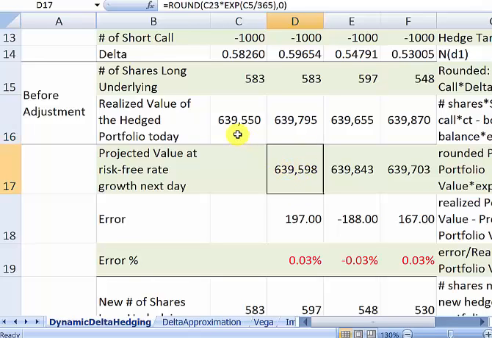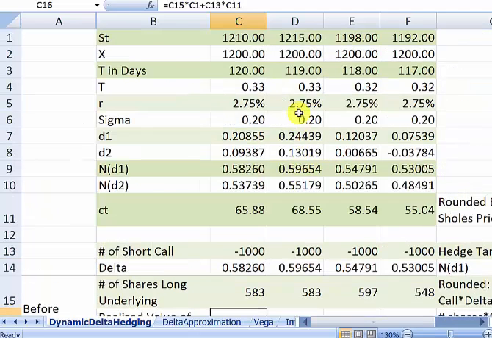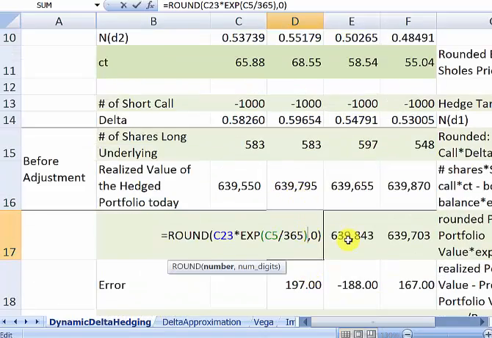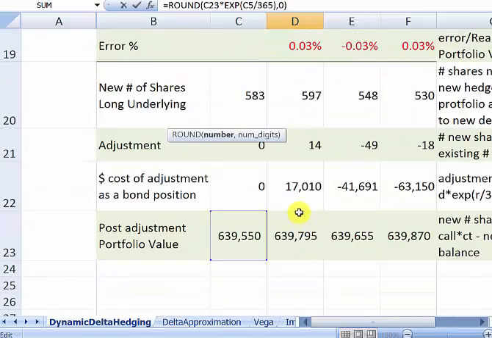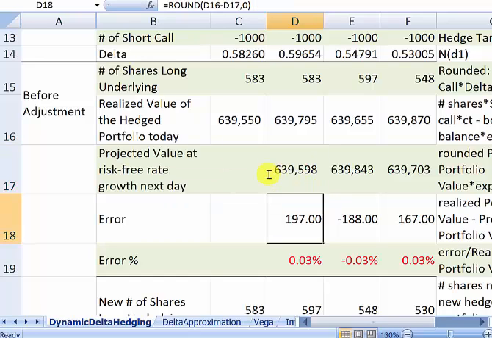And then if this 639,550 evolve at the risk-free rate, this 2.75%, it should be, right, C5 against, this is the risk-free rate, C5. It should be about 639,598.